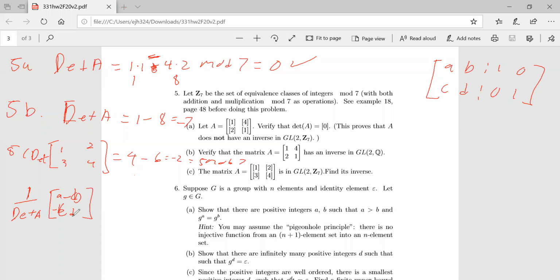Yes. Okay, cool. So what is negative B? What is -2 mod 7? 5. Yeah, so we get 5.